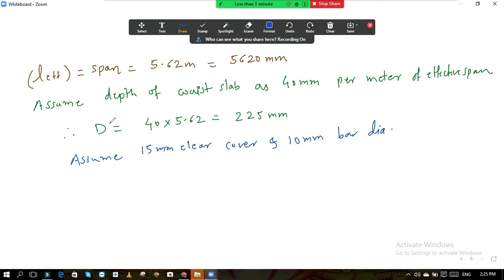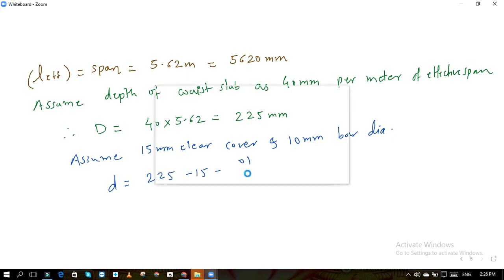So this is your overall depth, capital D. The small d is equal to the effective depth. It is overall depth 225 minus clear cover minus half of bar diameter.